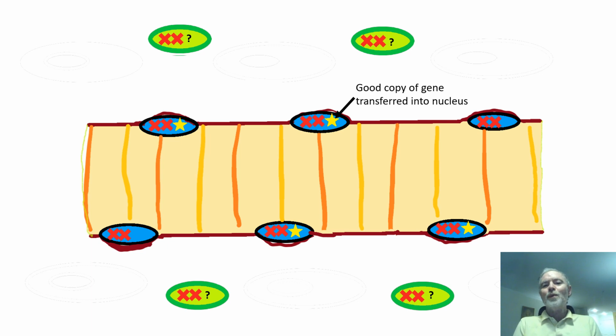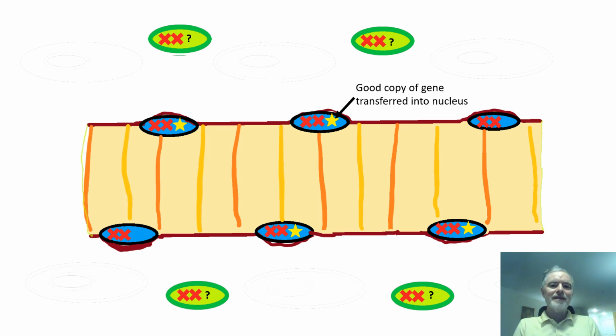Okay, now where does the good copy of the gene get transferred to by the AAV? Well, we know that, in many cases, and this is what we're trying to do, it gets copied into the nuclei of the muscle fiber. We probably don't get all of the nuclei of a given muscle fiber to get the transferred gene.